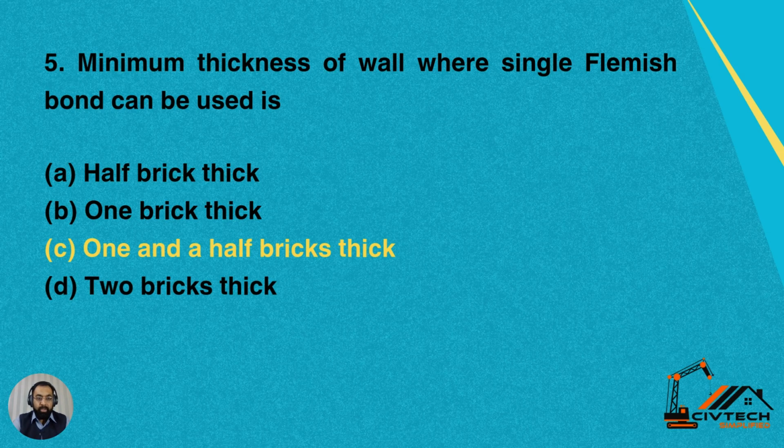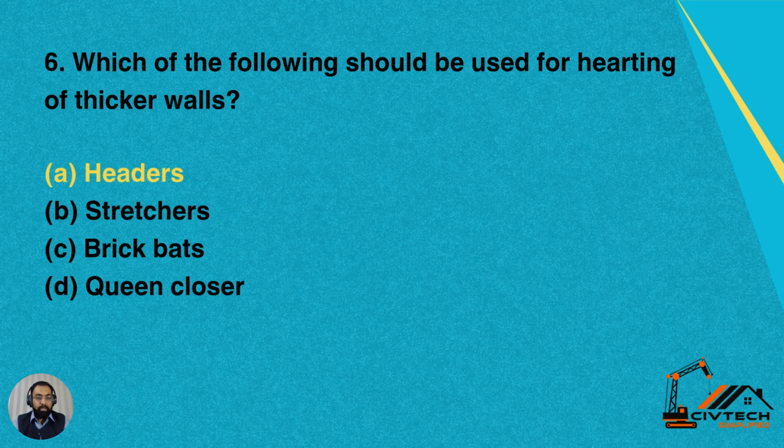So that wall should be 1.5 bricks thick, like 13.5 inches, where you want a single Flemish bond. It is not used for a 4.5 inch thick wall, and neither for a 9 inch thick wall. So the minimum thickness of the wall should be at least 13.5 inches where we want to use the single Flemish bond.